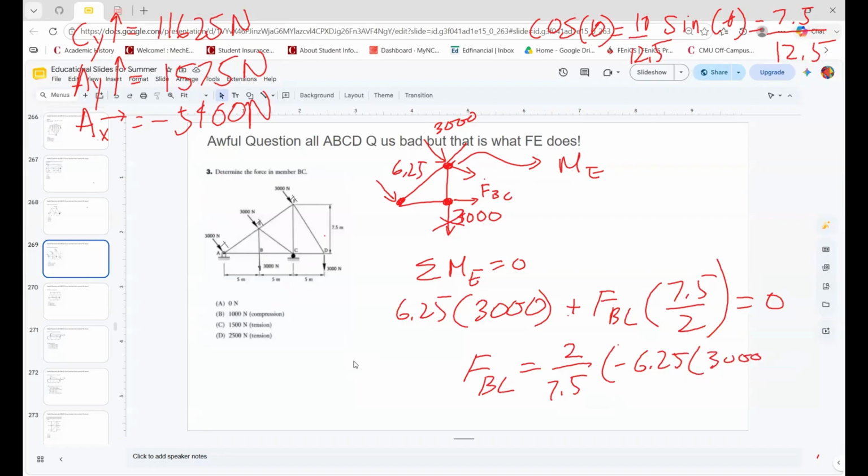If I got that correct, then this is the answer. 7.5 multiplied by 6.225 multiplied by 3000. I got something ridiculous. Did I do something wrong? I think I forgot something somewhere.